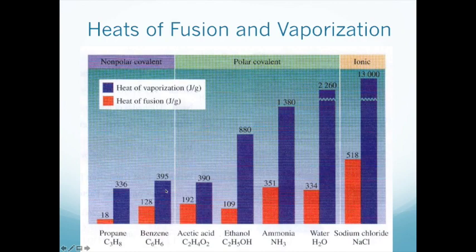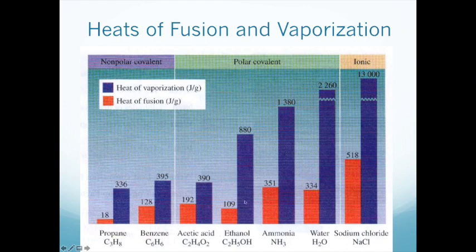Benzene is another example. Polar covalent molecules are generally a little bit more difficult to melt and vaporize. However, the increasing level of polarity causes these numbers to be higher. So acetic acid is kind of polar.